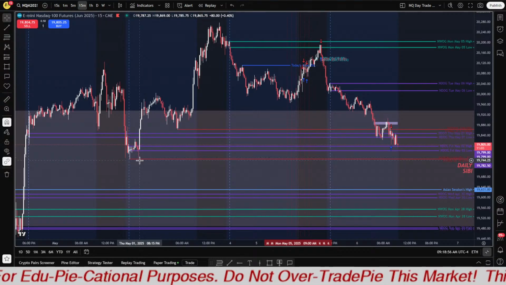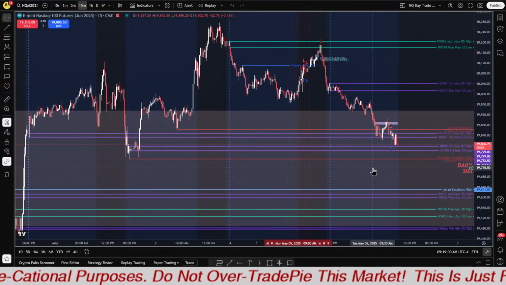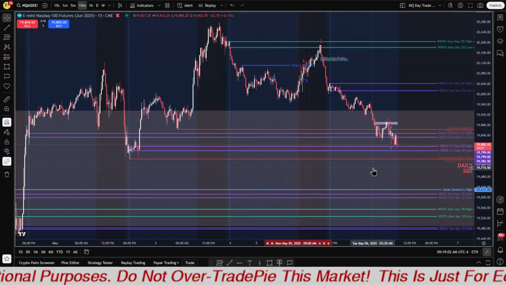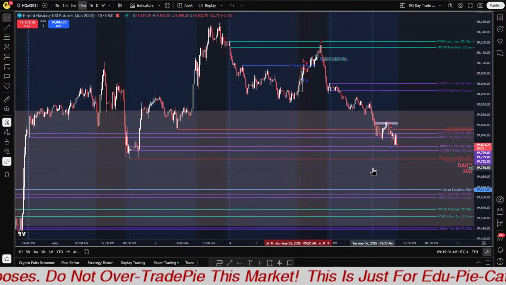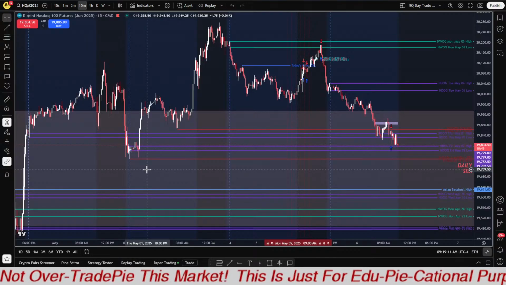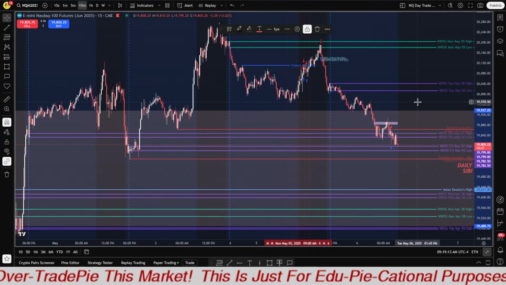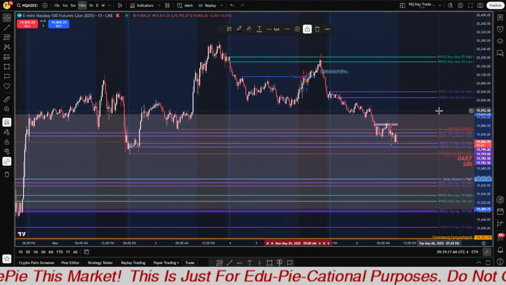These relative equal lows created our sell side liquidity for the beginning of, I'm sorry, Friday's trading.